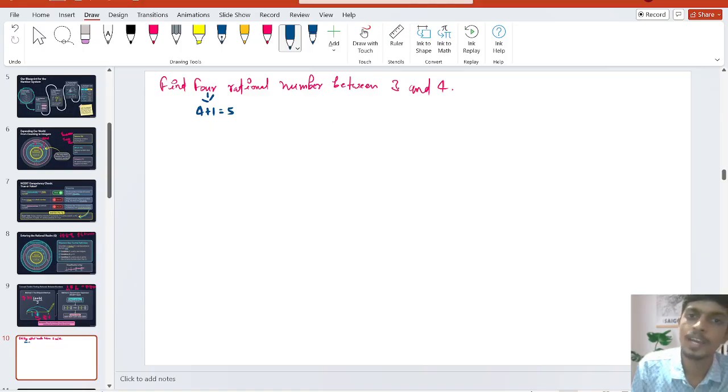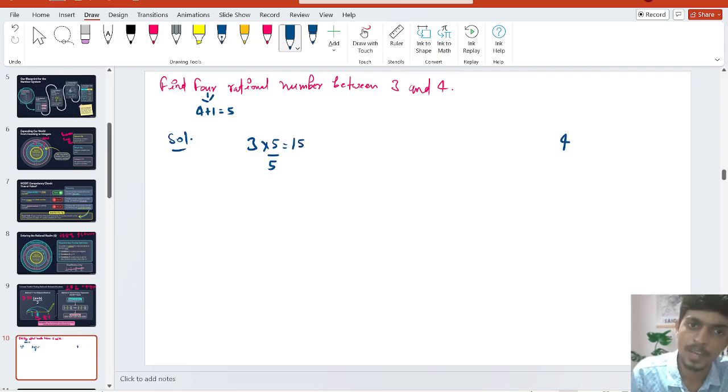The solution is that we take 3 and 4 and multiply by 5 upon 5. It does not change the value, because 5 by 5 is equal to 1. So there is no effect on the value of 3.